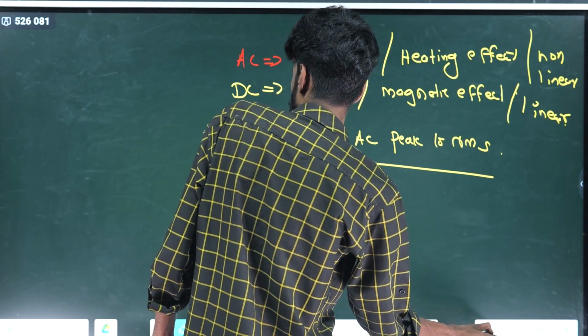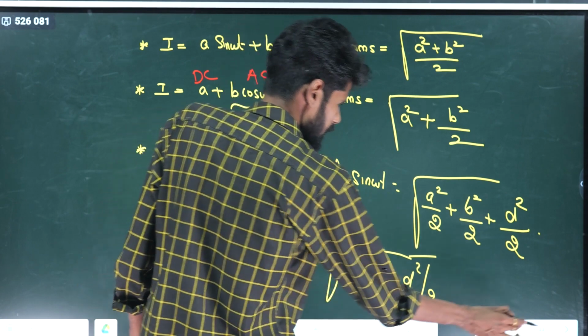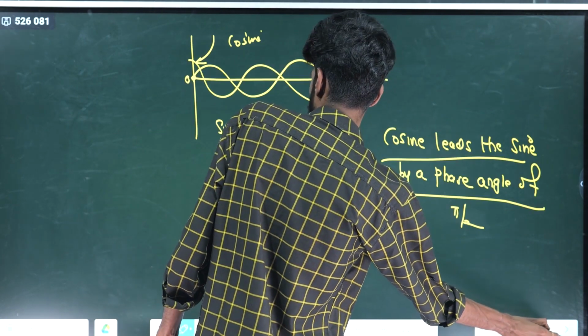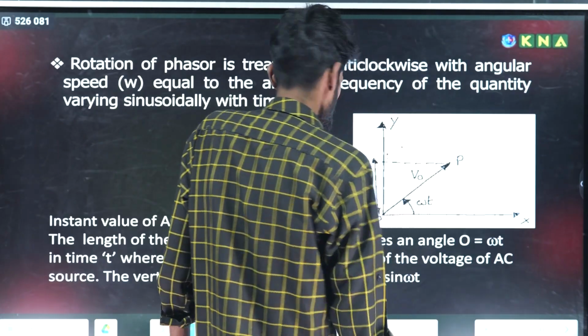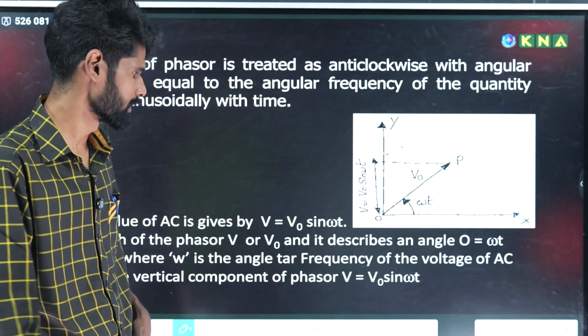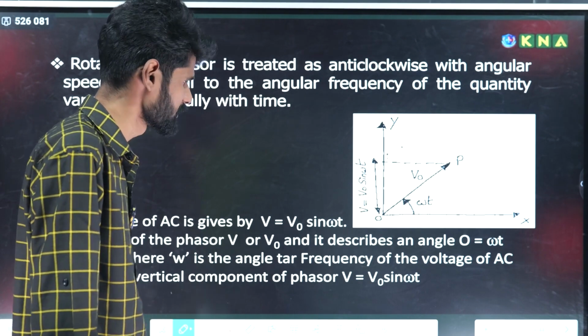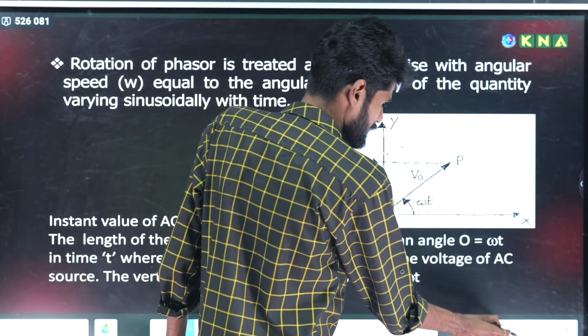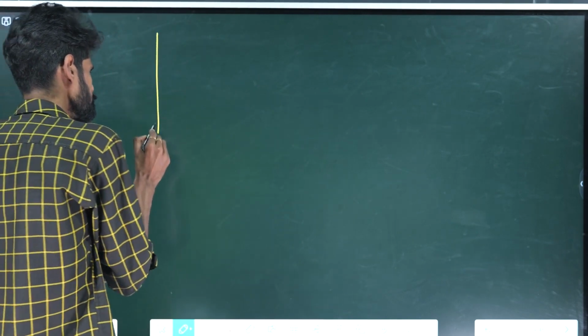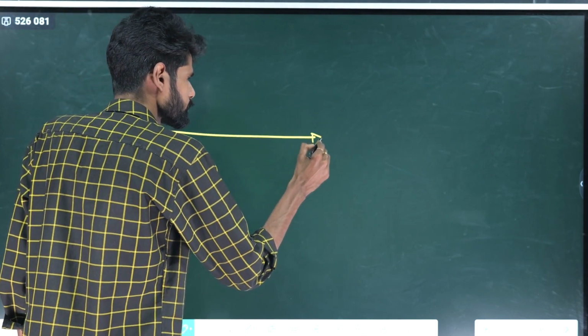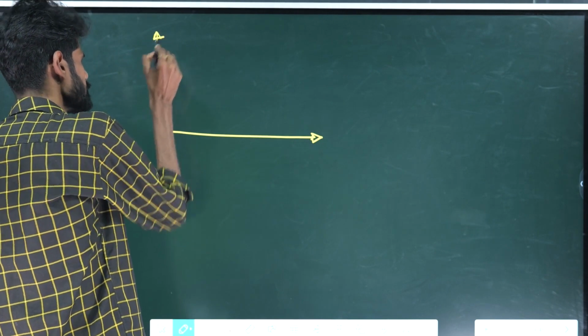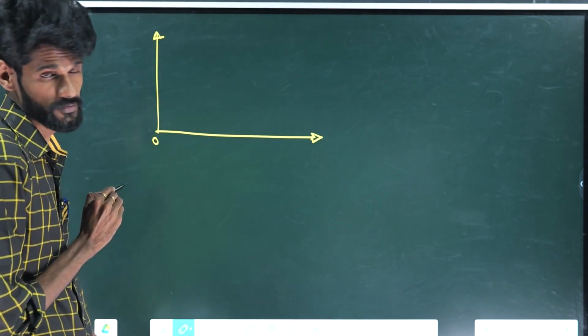So what is a phasor and a phasor diagram? A phasor diagram is a method to represent an alternating quantity. Phasors are rotating vectors that are used to represent a quantity that varies sinusoidally with time.